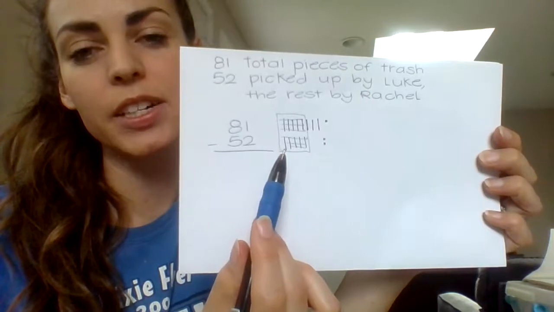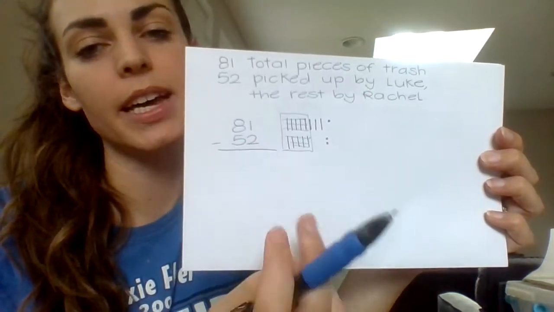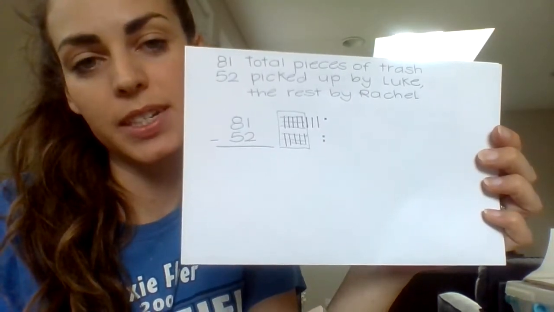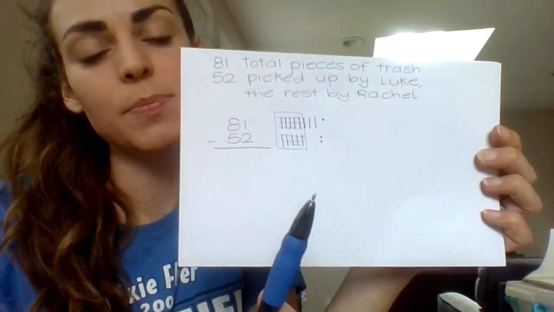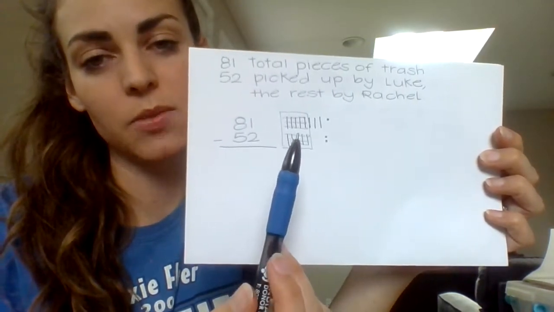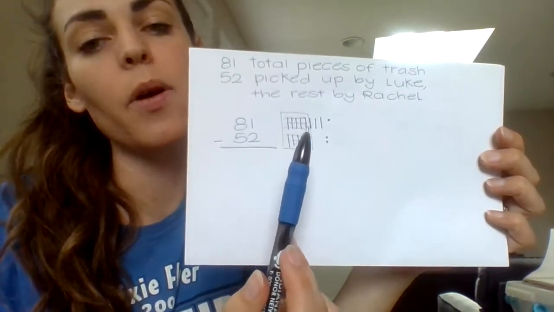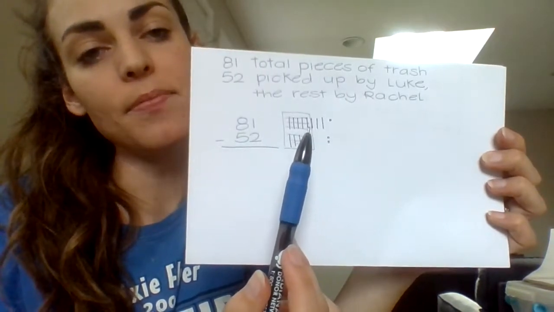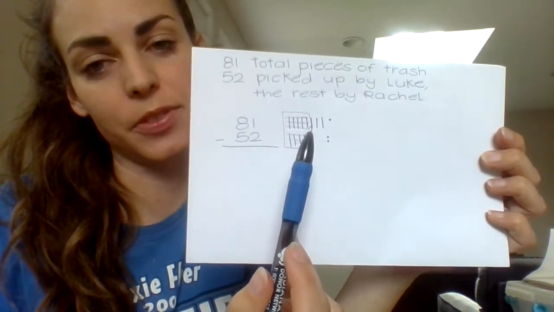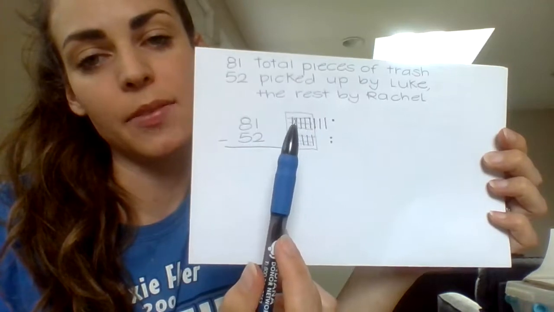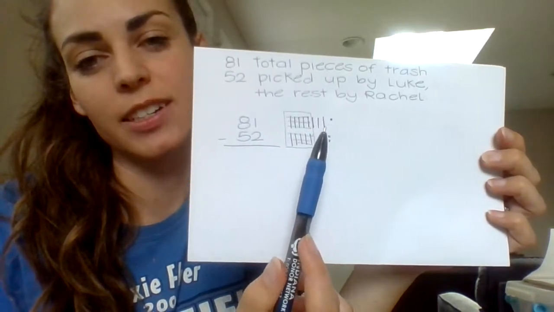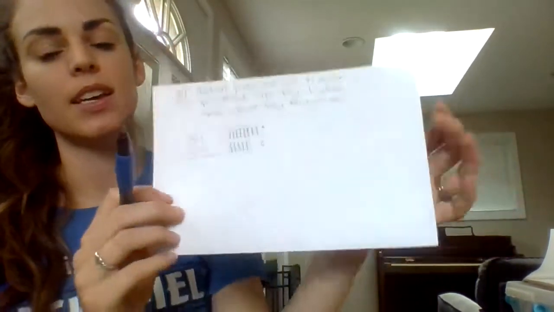And then I'm going to take away 2 more from the top set. But we notice that the top set only has 1 to give. And then the students, especially if they're working with actual blocks, can realize we need to break one of these groups of 10 so that there would be 9 left over in the group. And then we can give this an extra to take away 2.